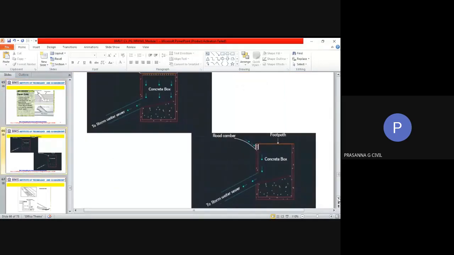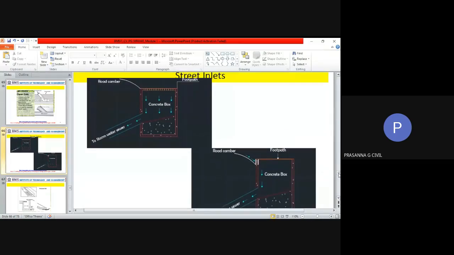All these are structures that you commonly see by the side of your road, but because of the pavement, sometimes you will not be able to see this. These are called inlets. You can have a vertical inlet like this or a horizontal inlet like this. The purpose of an inlet is to admit storm water. Suppose there is a rain, the storm water will enter.